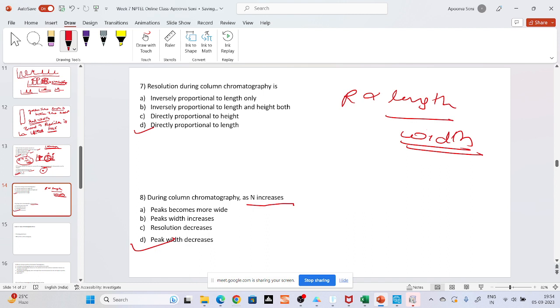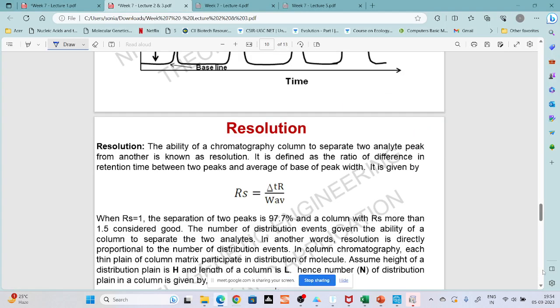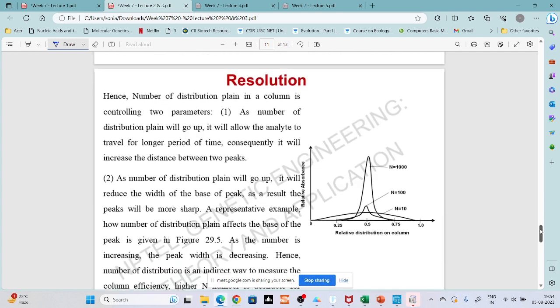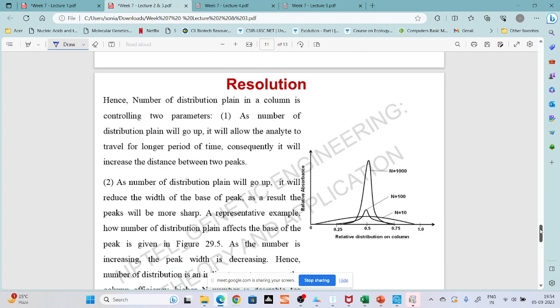Now we'll just see how this n is related to the peak width and the resolution. Basically, if you have a column, how many distribution planes are there? That means how many times basically.